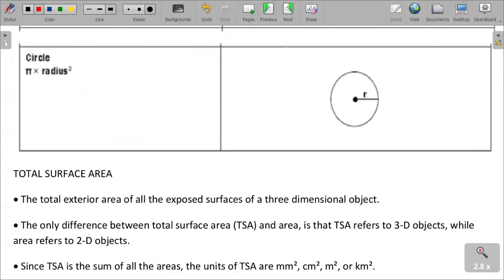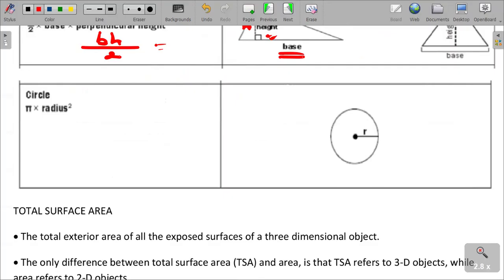We also go into the area of a circle. It is equal to pi r squared. It means we substitute the value of pi, and our r is also given, say 4 or whatever number, which can be in centimeters. Our 4 is our radius.